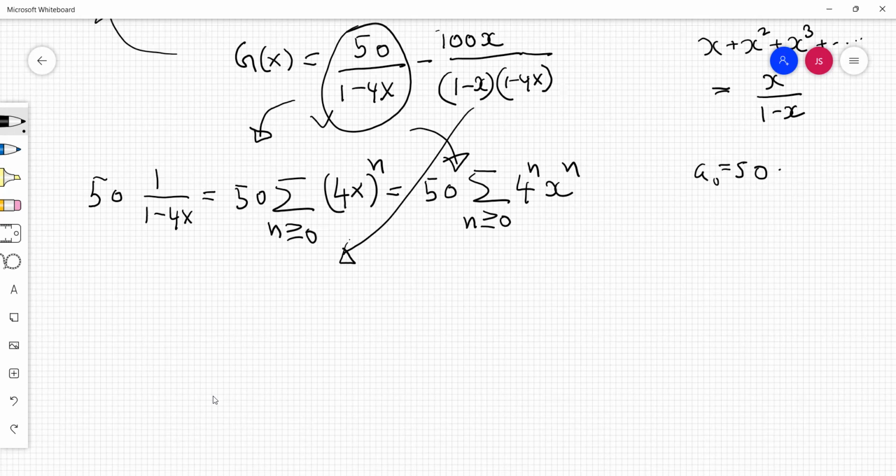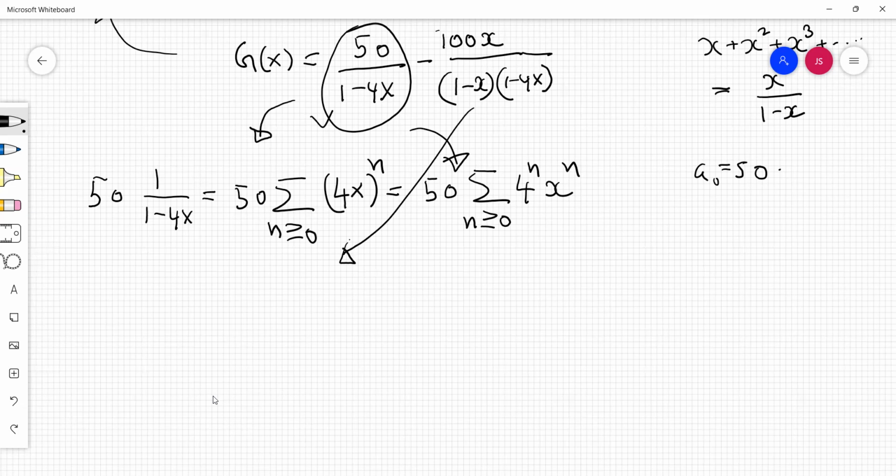Again, we can use the geometric series, but if it is in that form, we cannot use geometric series. How do you convert it to a geometric series? You can use a very familiar method from A levels. What is it called? Partial fractions.